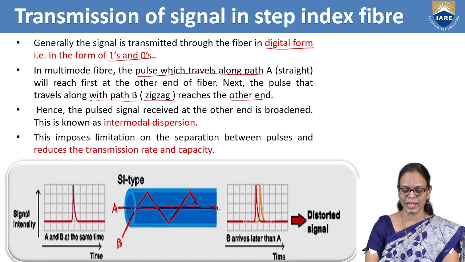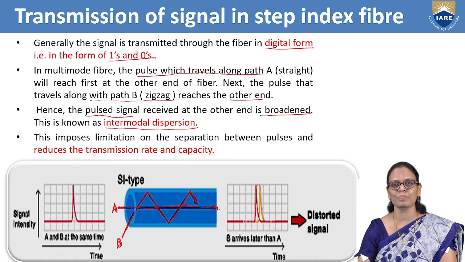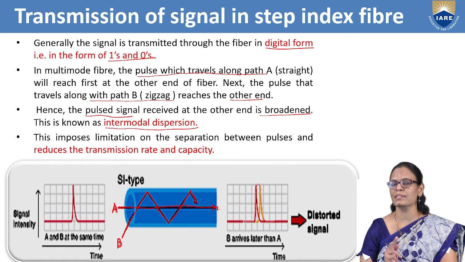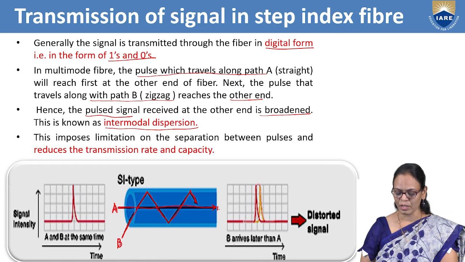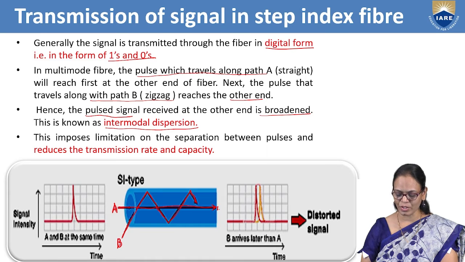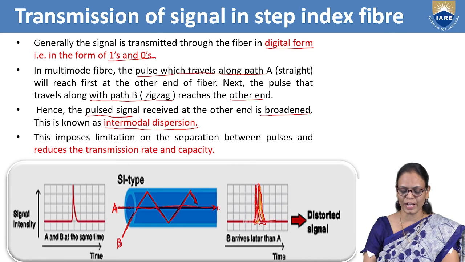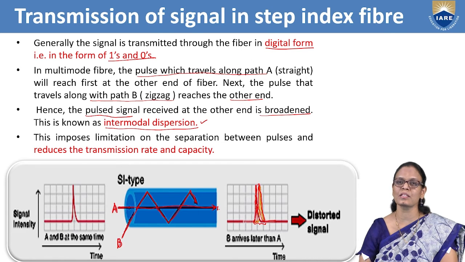So the pulsed signal received at the other end is broadened. You have intermodal dispersion. Both signals are not reaching at the same time. B arrives later than A. After A reaches, after a certain time B reaches. So there is broadening of the signal, and because of that we have intermodal dispersion.